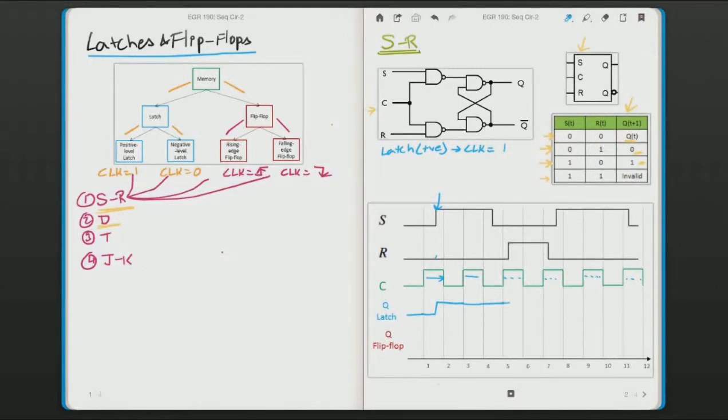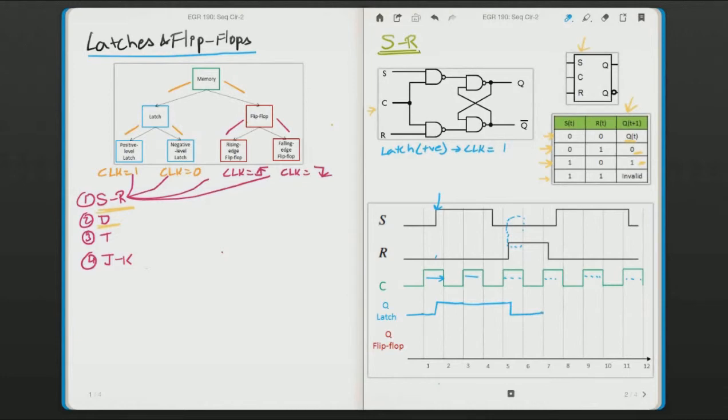Now at this point of time, my set is 0 and reset is 1. When set is 0, reset is 1, output changes to 0. So output changes to 0 and goes on till the next stage.